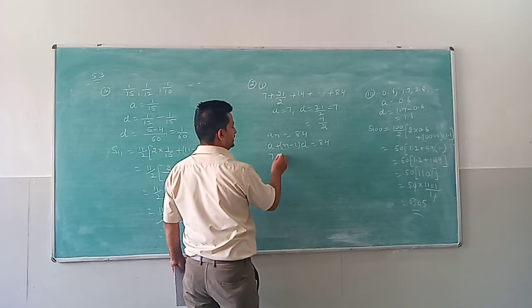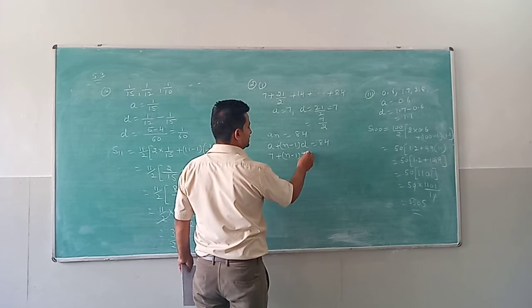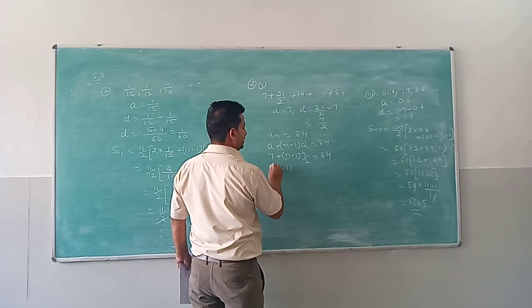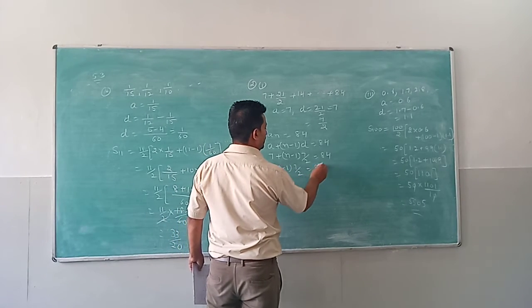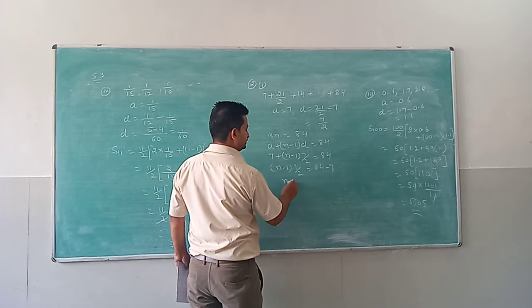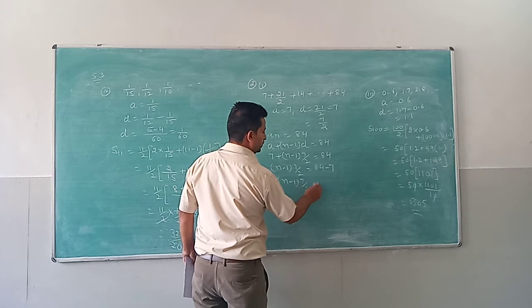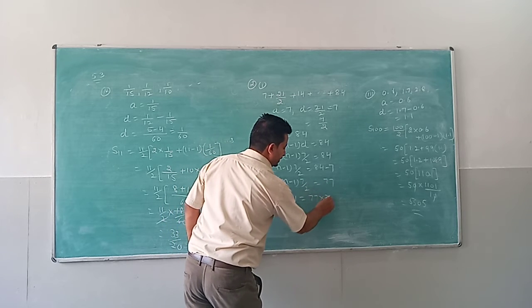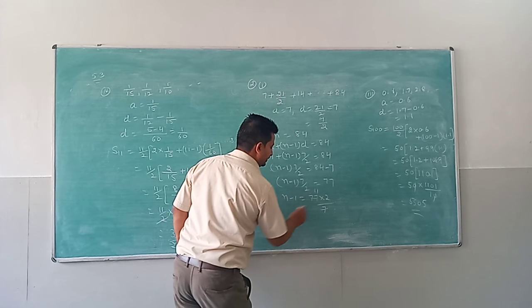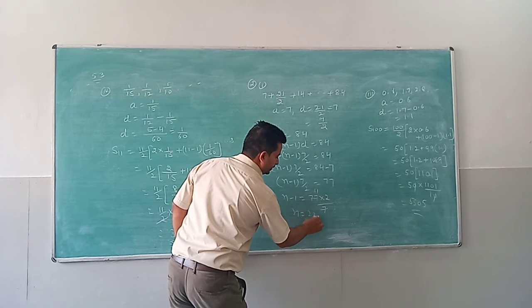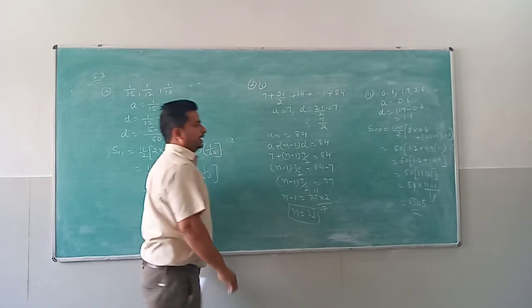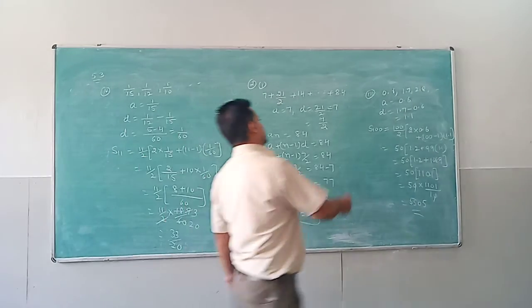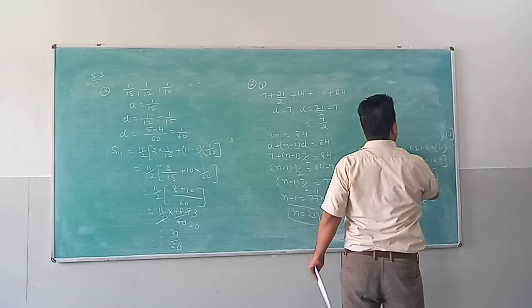So the value of a is 7, d is 7 by 2, 84 equals 7 plus n minus 1 into 7 by 2. 84 minus 7 is 77, n minus 1 equals 77 into 2 by 7, 22. So n is 23, and we are required to find the sum of 23 terms.